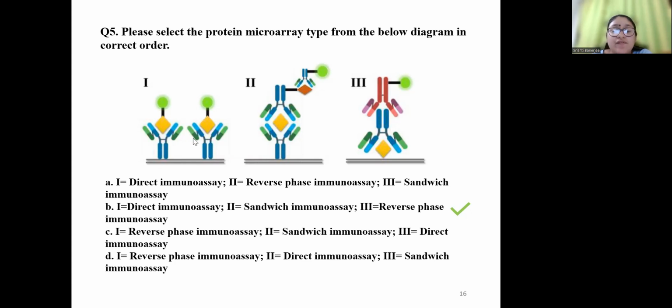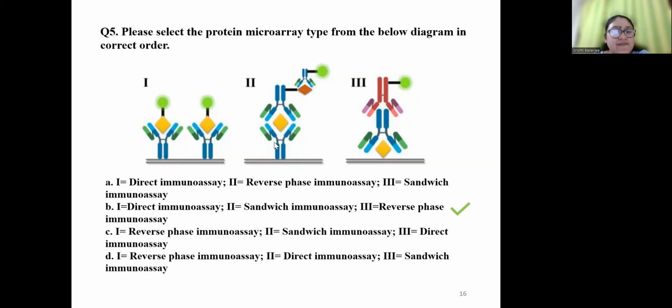Because you have raised them against known proteins, if that particular protein is present within your sample, it will be detected. So that protein is conjugated with a detection system. Okay, Archana. So once that protein binds to your antibody in the chip, it will give a light, or whatever detection system is used. So the first one is direct.